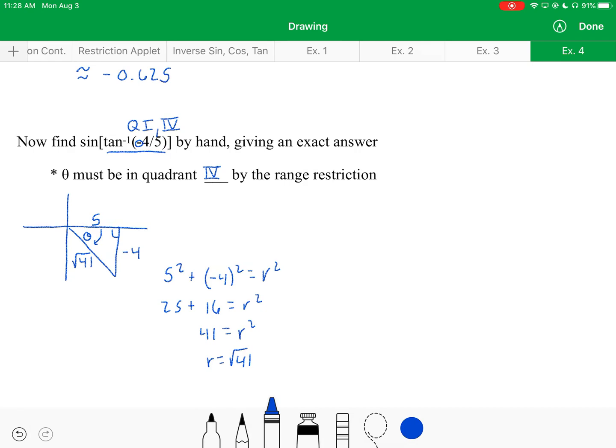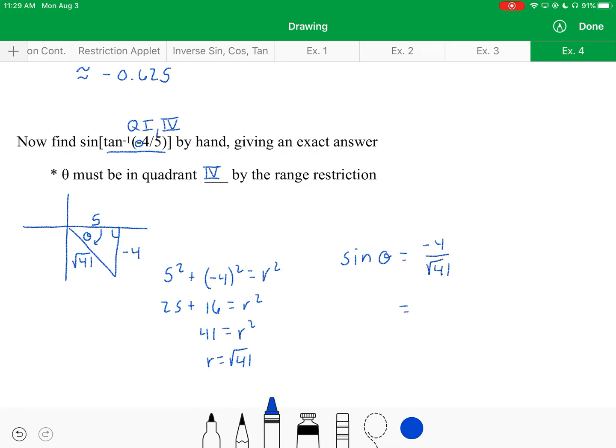Well, here's the thing. You don't need to know the actual value of theta here to evaluate the outer function sine. To find the value of sine, I just look at the side lengths of my reference triangle over here. Sine always equals y over r, so that's -4 over radical 41.